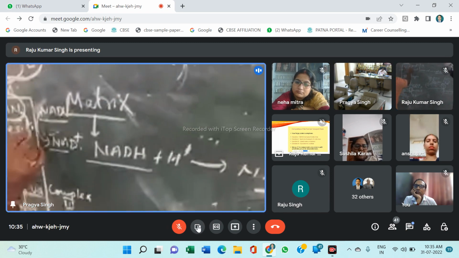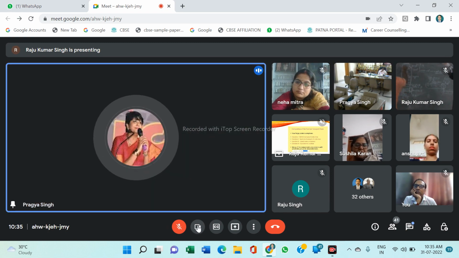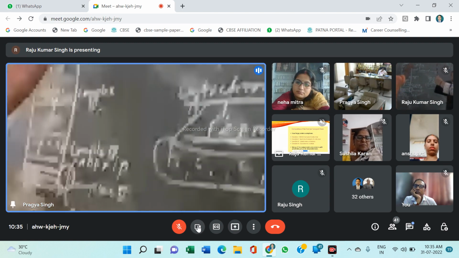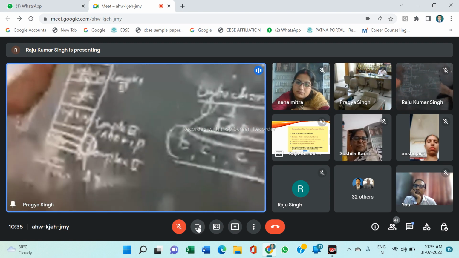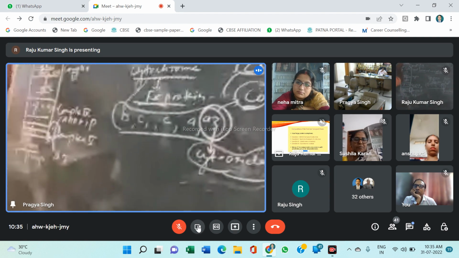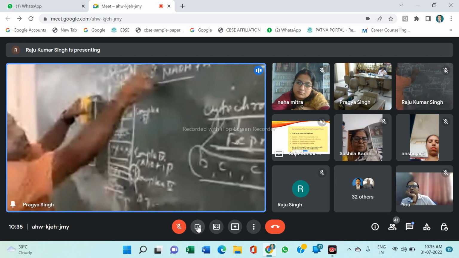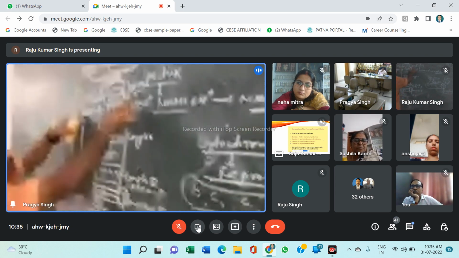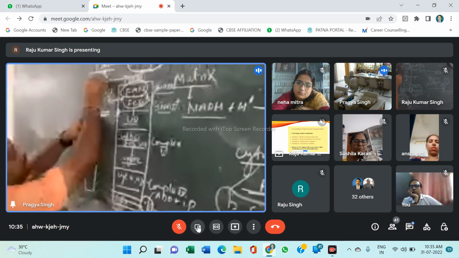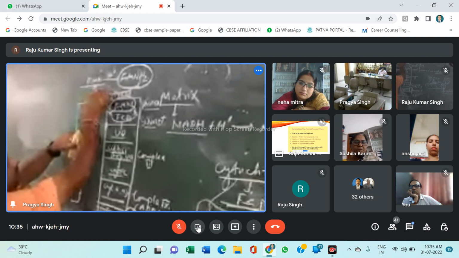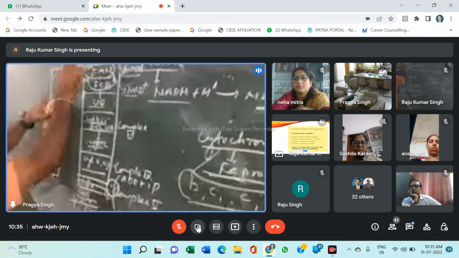And this proton, again they are being changed into FMN. So this proton is again being released. So where are they being pumped? This is the perimitochondrial space. So from the matrix, the protons are being pumped to the perimitochondrial space.